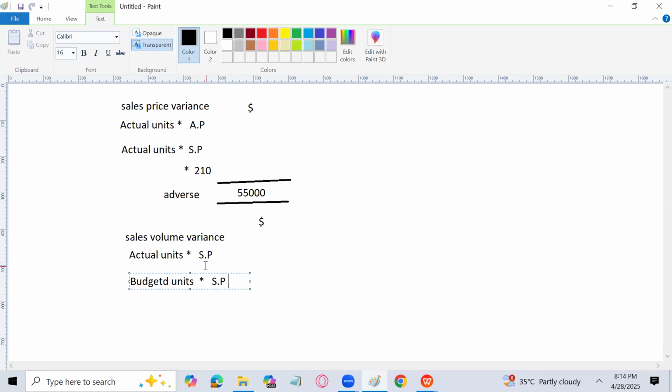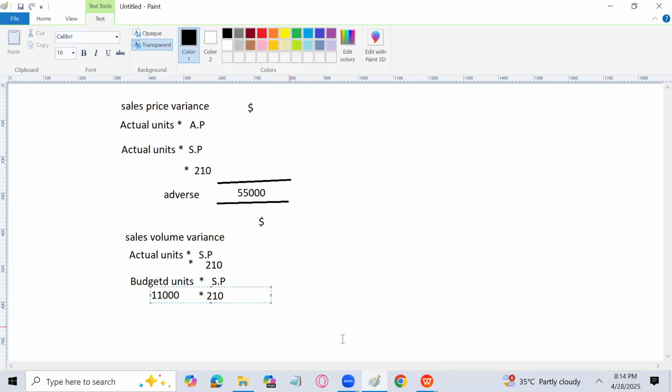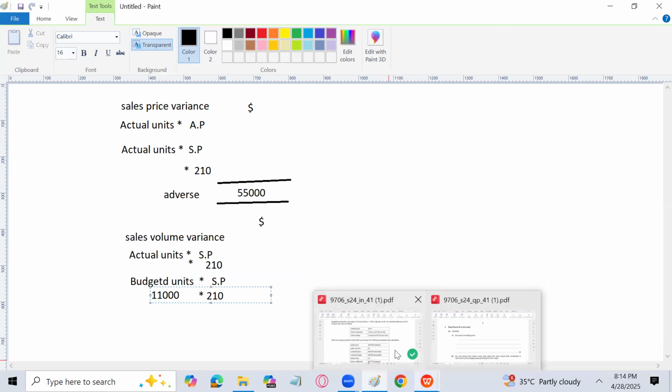We have the standard price with us, which is 210. We don't have actual units, but we have standard units, which is the budgeted unit, that is 11,000. Let me move back.